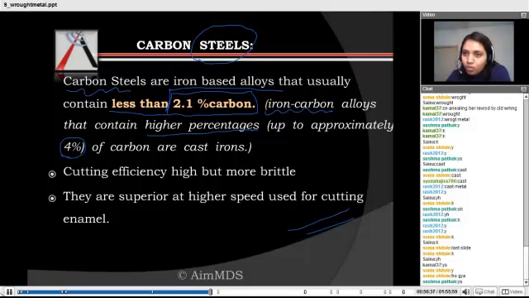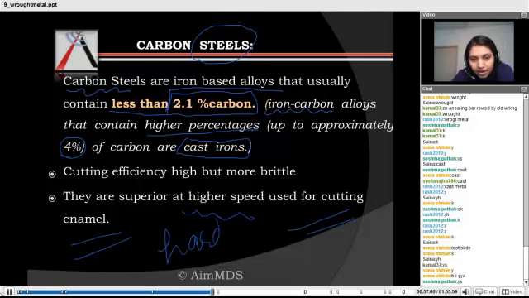When they have more percent of carbon, they are cast irons. There are cast iron burrs, right? These burrs have a very high cutting efficiency. They are harder, but they are brittle. They are superior at higher speed used for cutting enamel.